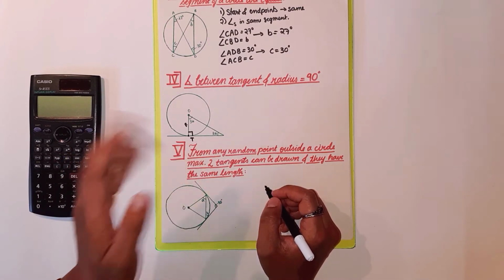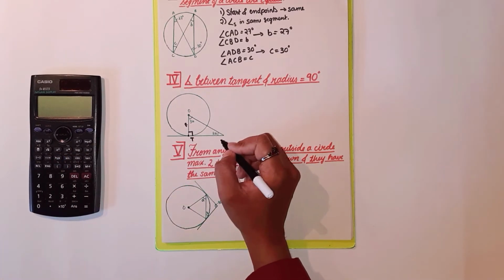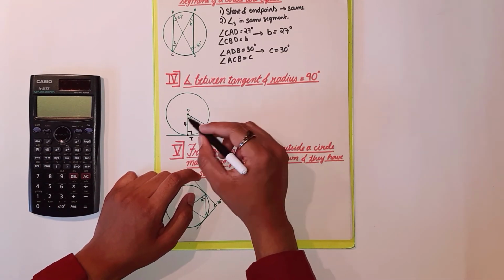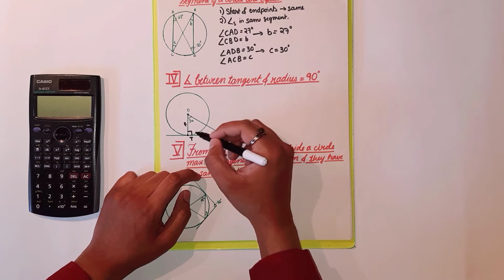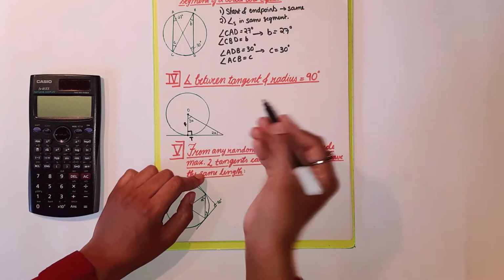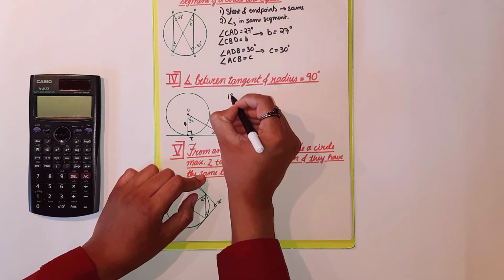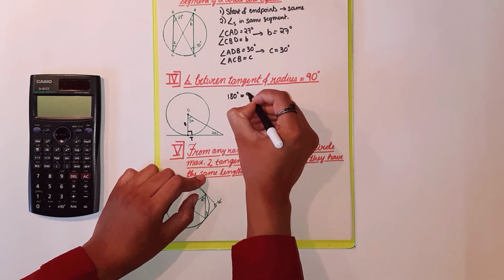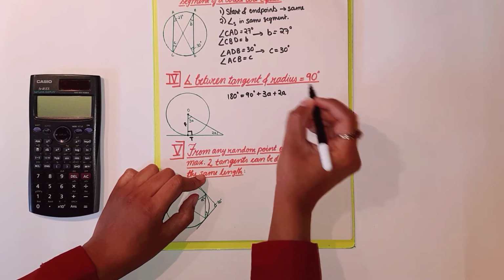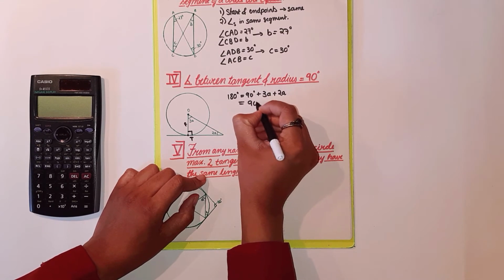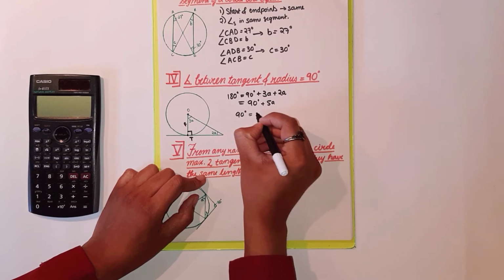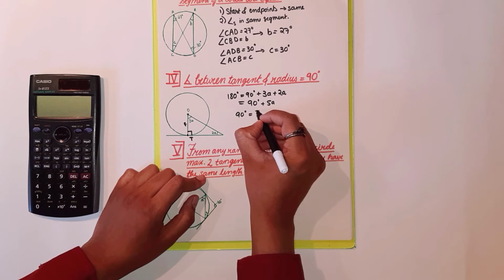Given that, we now have a right angled triangle, and we know that the angles inside any general triangle add up to 180 degrees. So let's just write it down. We have 180 degrees is equal to 90 degrees plus 3a plus 2a. That would be 90 degrees plus 5a, which means that 90 degrees is equal to 5a.